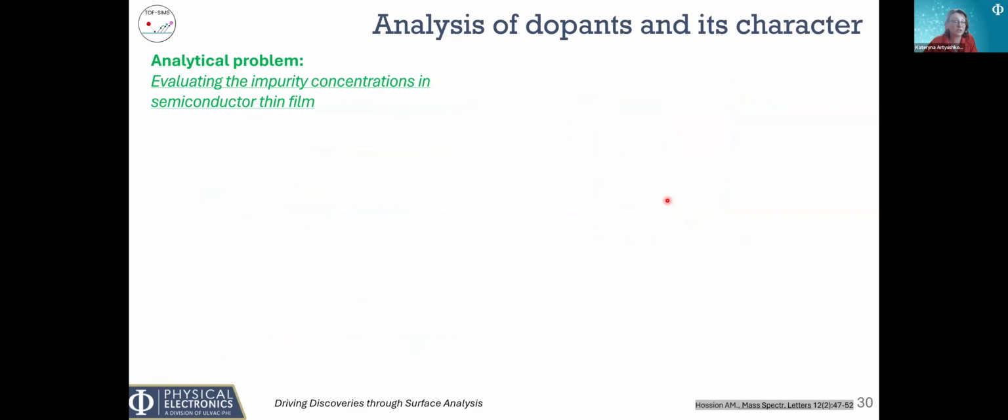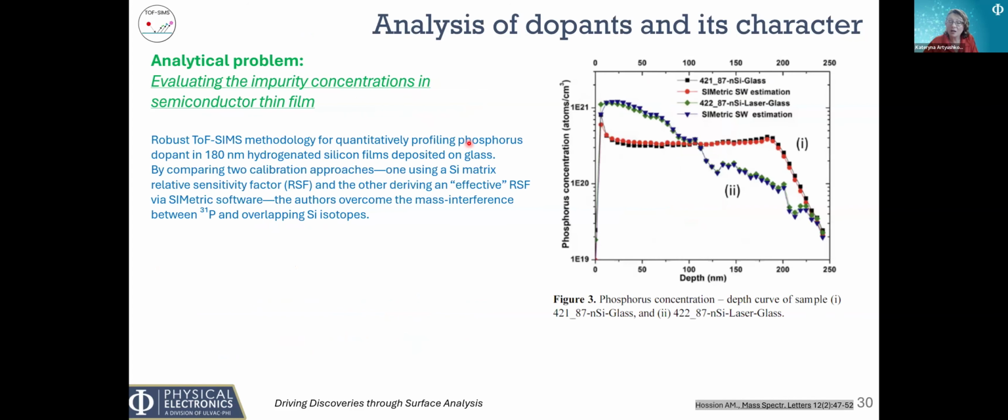Now, let's see what TOF-SIMS can do for semiconductors. Of course, with TOF-SIMS having the highest detection limits, it's really great for analyzing dopants and impurities. So this example shows how we can use TOF-SIMS to evaluate impurity concentration. The challenge in this analysis was trying to quantify phosphorus isotopes in hydrogenated silicon films that were deposited on glass.